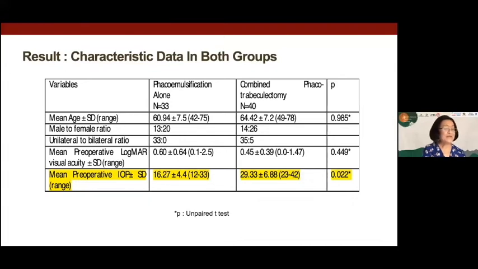The following table presents the mean postoperative intraocular pressure results at first week, first month, and first year follow-up. Both groups show a significant decrease in the mean postoperative IOP at first week, and also both groups show a decrease in IOP at 1 month and 1 year, but not significant.